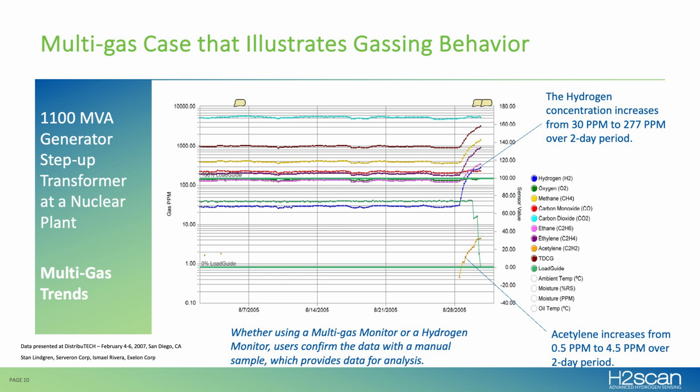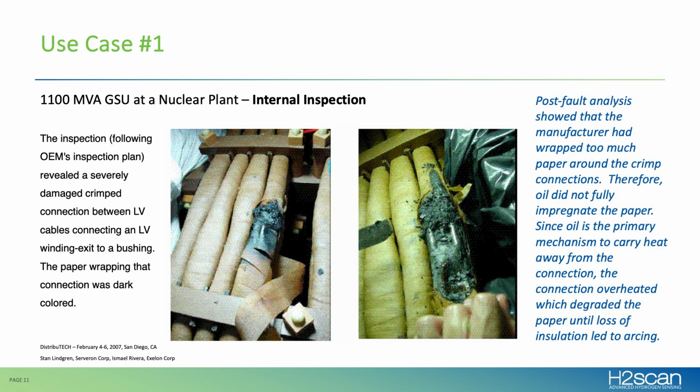If we look at the analytics for this case, using the multi-gas analysis, oh, I thought I had the analytics in here. Looks like I don't. The internal inspection ended up showing an overheated crimp connection. Just to tell you what the analytics showed: it showed initially a fault in paper that was migrating to a fault in oil.